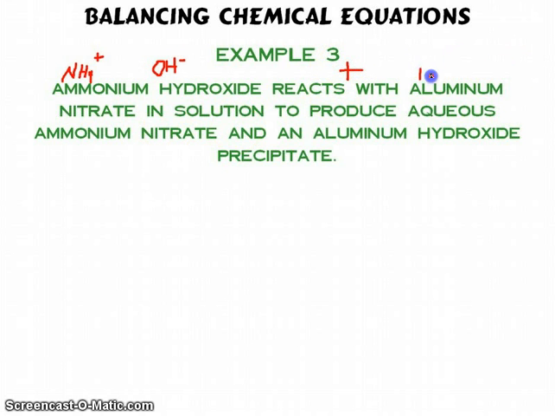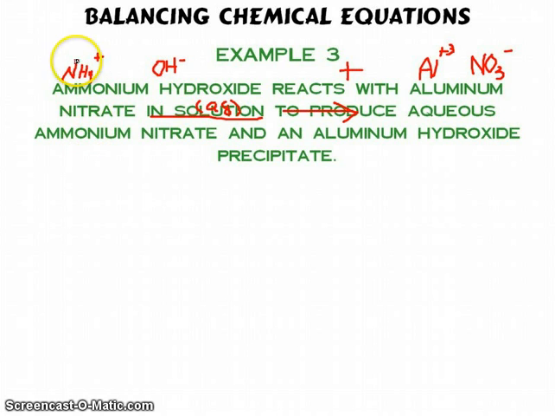Aluminum nitrate is going to come from Al positive 3, aluminum being a group 3 metal, and nitrate being NO3 negative. The fact that these things go in solution tells me that both are aqueous. To produce is going to be a reaction arrow.